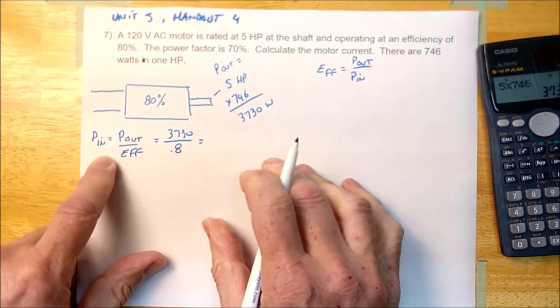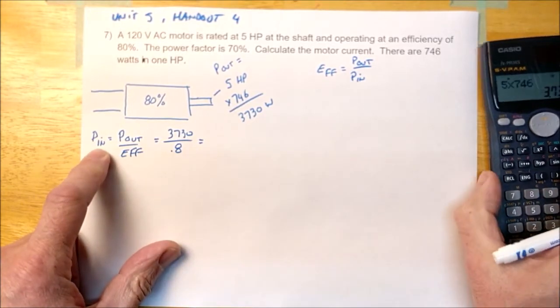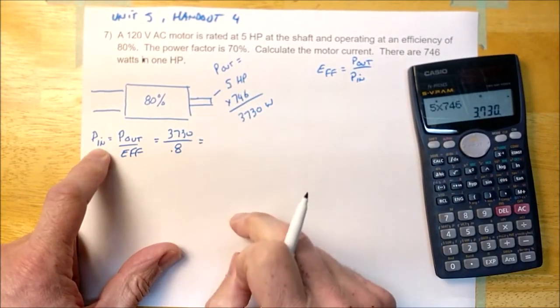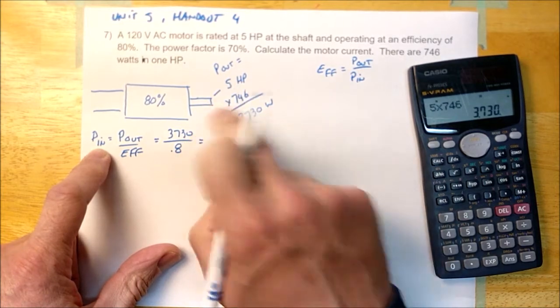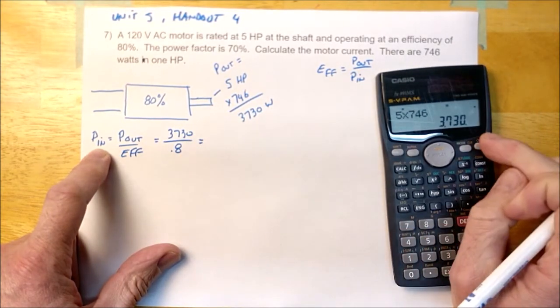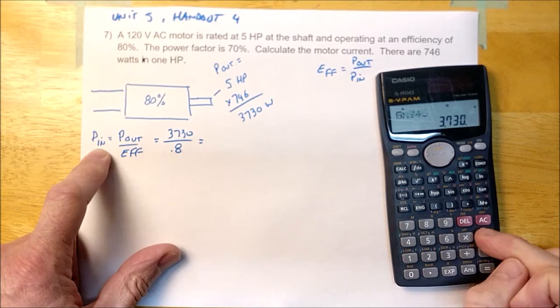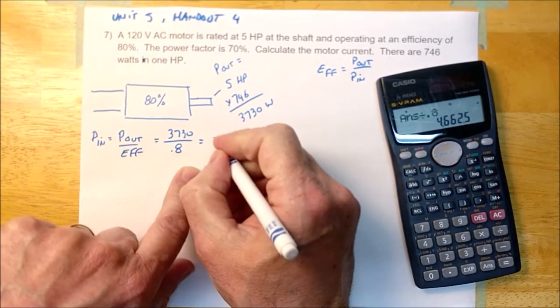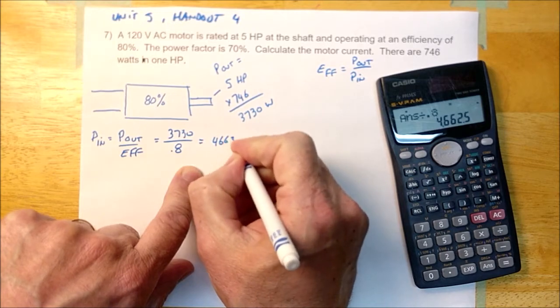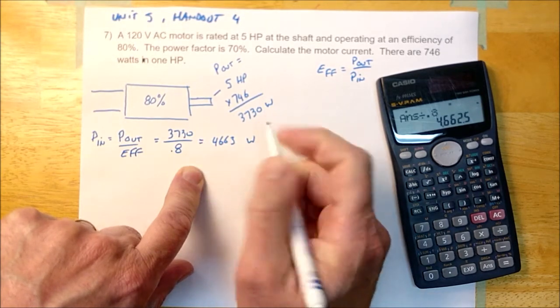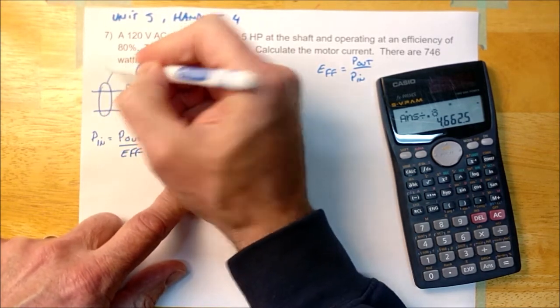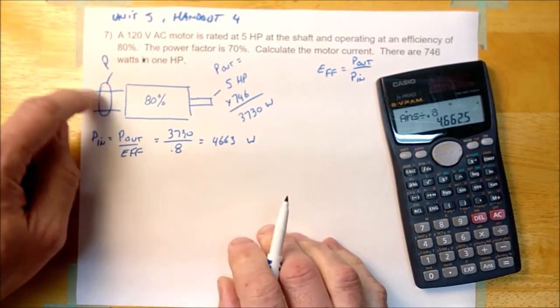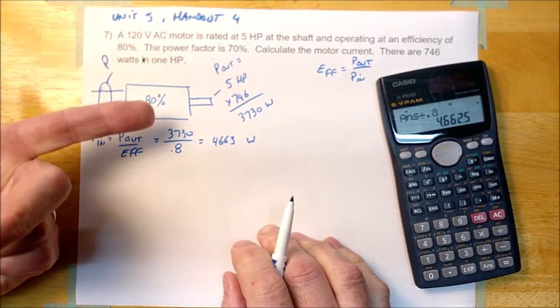And now this will calculate the electrical power going into this machine in order to produce this 5 horsepower at the output. So if I go 3730 and then divide it by 0.8, I will get 4663 watts. And that is the electrical power input into this machine.